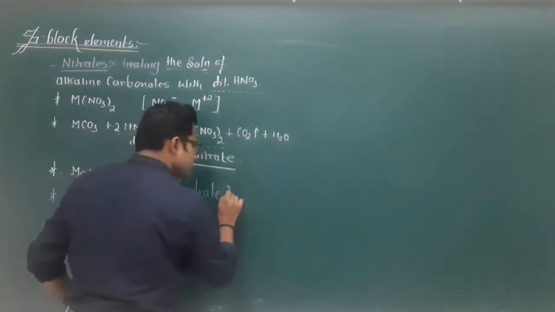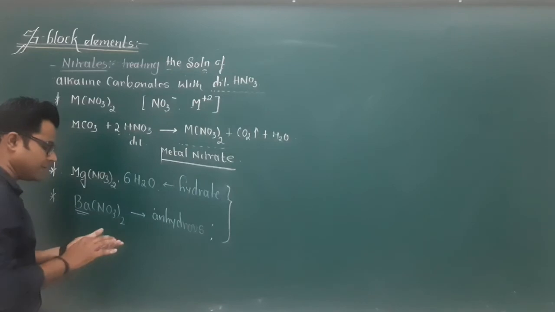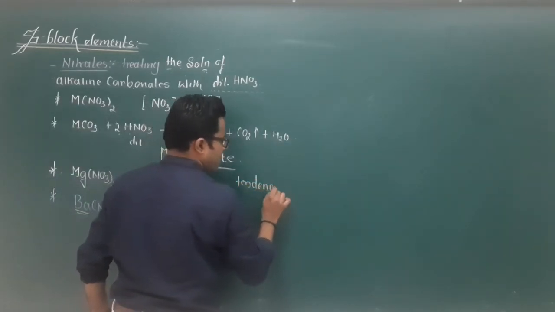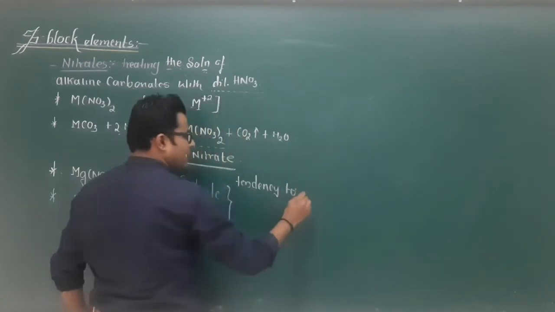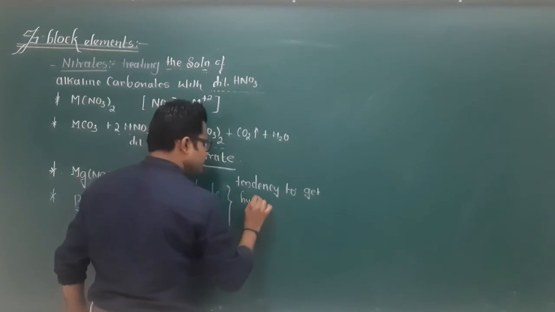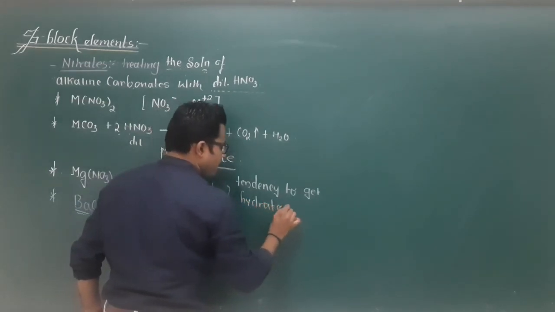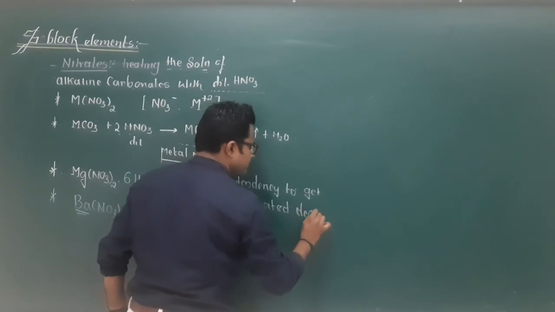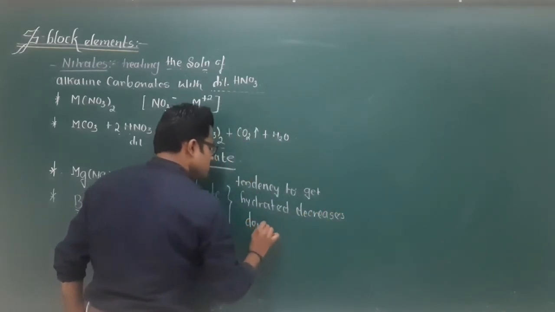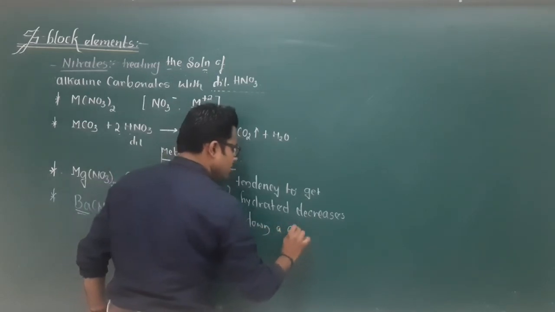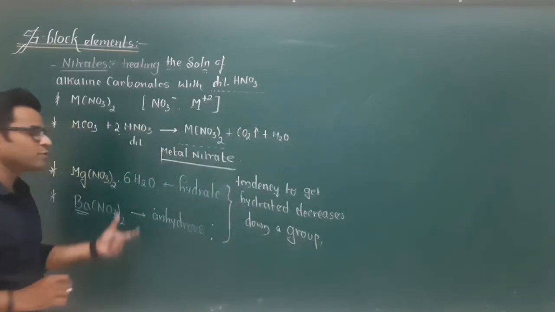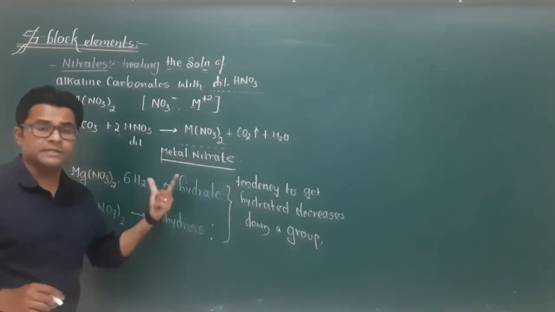So this is what we have to understand here: the tendency to get hydrated decreases down a group. So as we travel down a group, its tendency to get hydrated goes on decreasing.